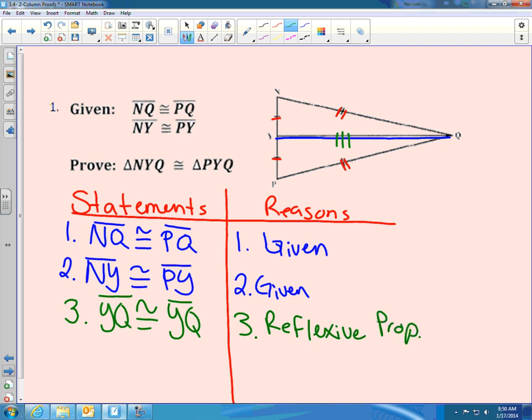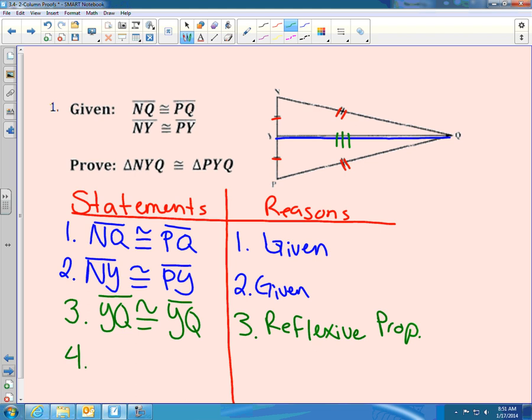And now we need to state this. It seems kind of silly to say, hey, something's congruent to itself, but we need to state this and point this out as obvious so that we can use it now in our triangle statements. And now if we look at this, we have proven that these two triangles are congruent because they have sides that are all congruent.